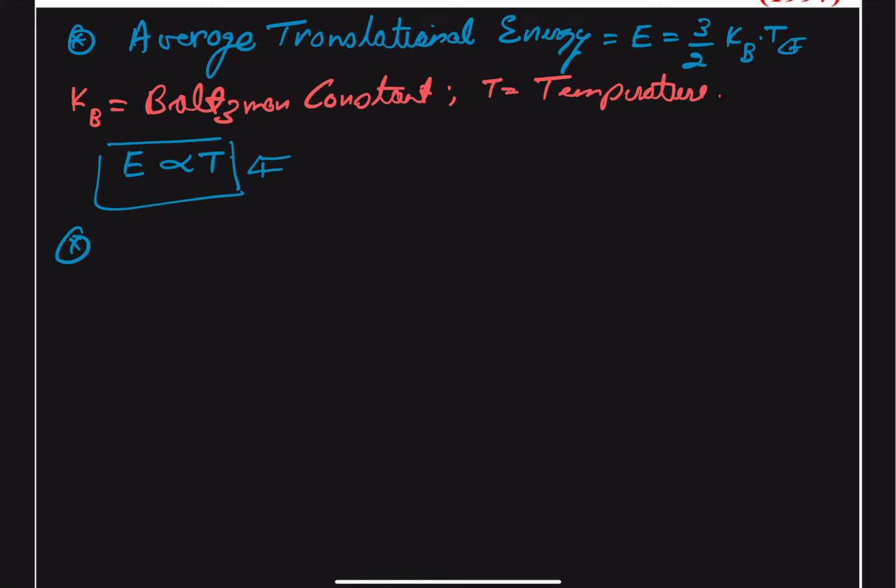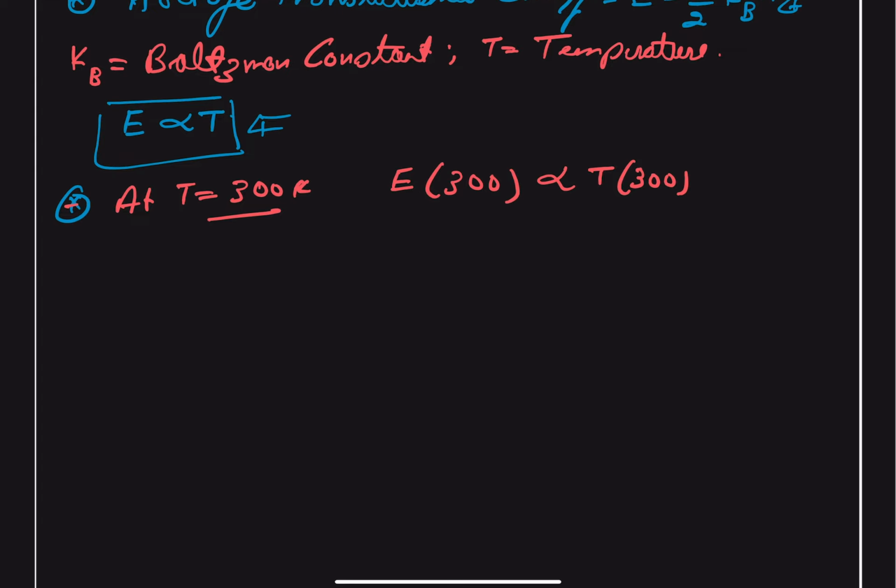At temperature equal to 300 Kelvin, energy at 300 Kelvin is directly proportional to the temperature at 300 Kelvin.